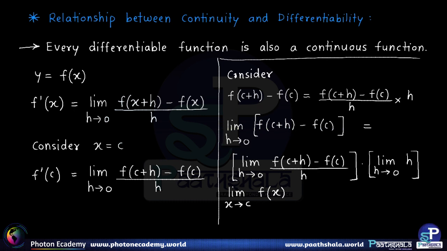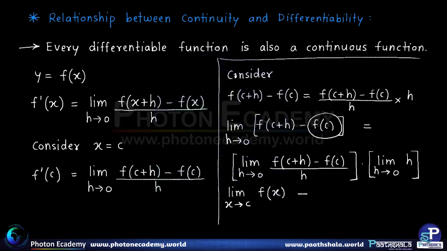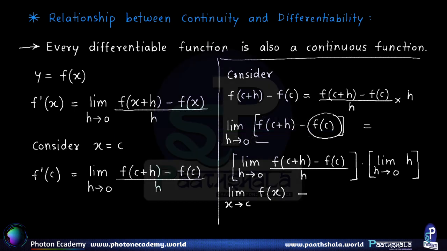Now the second quantity is minus limit of f of c as h tends to 0. Now if you see, c is an arbitrary constant because we are considering some arbitrary value of x. So clearly f of c is a constant, and hence as h tends to 0, it will have no effect. So the limit of f of c as h tends to 0 is the same as f of c itself. So we keep f of c as it is, and this whole expression is equal to 0, and here the limit is only of f of x.